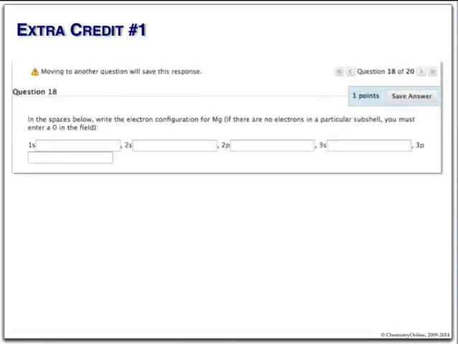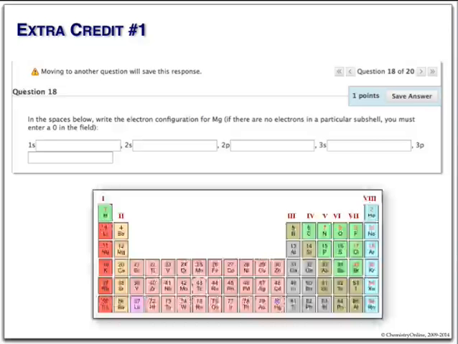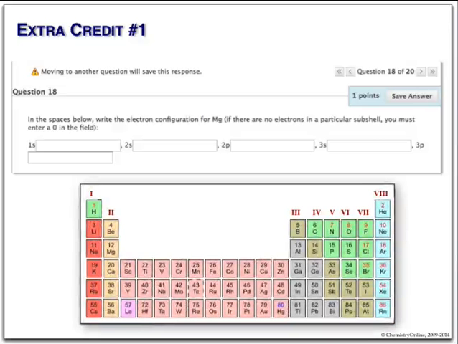All right, electron configuration is on there too. Remember, for electron configuration, you also need to look at a periodic table. And here we're looking for magnesium. Magnesium is here in group 2, atomic number of 12.